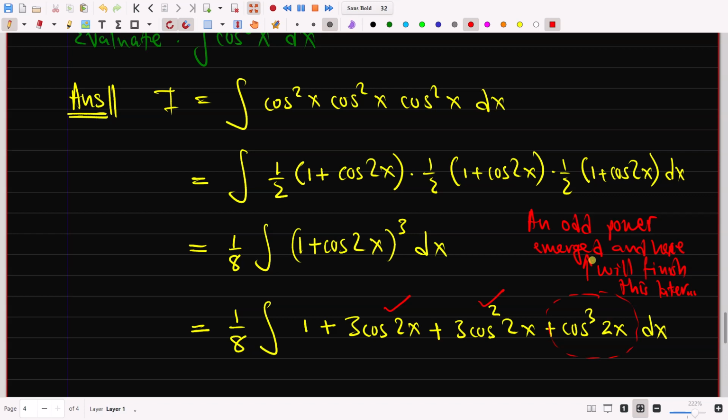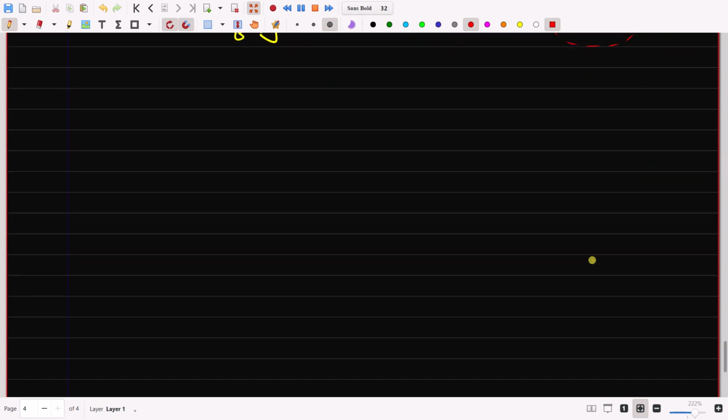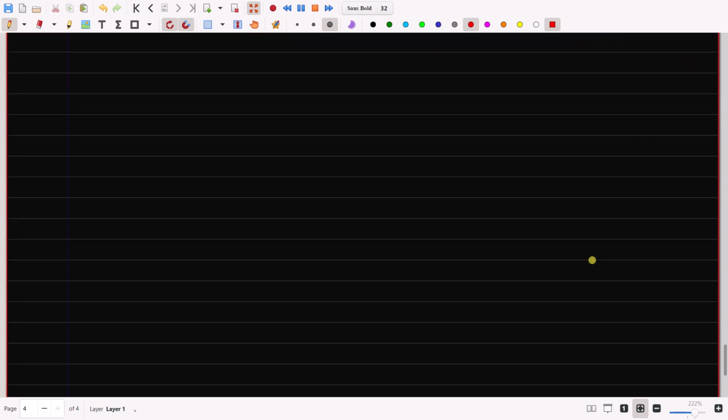So another different example would be: evaluate the integral sin squared x cos squared x dx. So how do we deal with this one given now? So this one, again, if you look closely, you will see that it involves even powers of sine and cos.